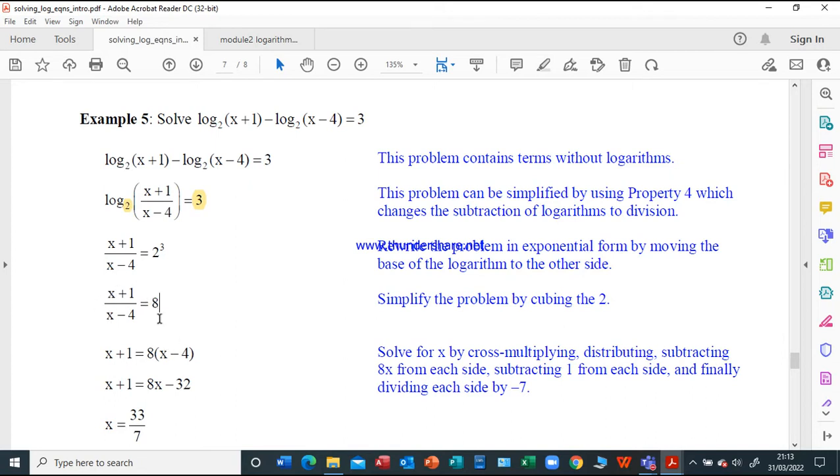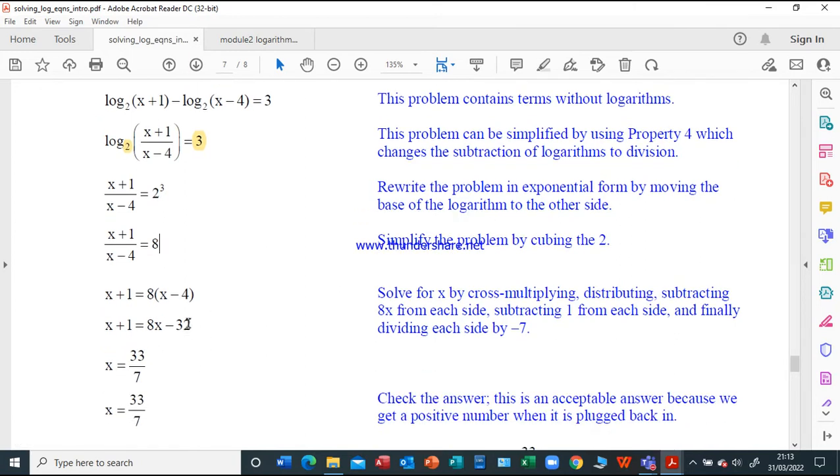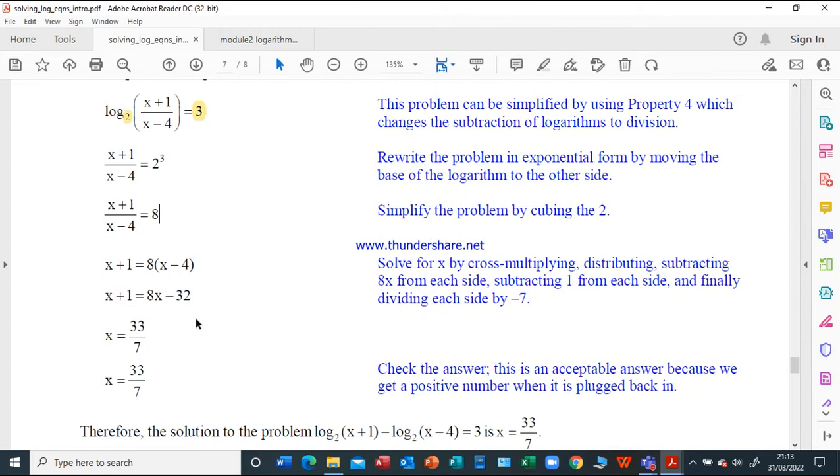If you write 8 over 1, so x plus 1 over x minus 4 equals 8 over 1. Cross multiplication: x plus 1 is multiplied by 1, which gives us x plus 1. Then you have 8 into x minus 4. Then basically this is now just a linear equation, and you solve it as a linear equation.